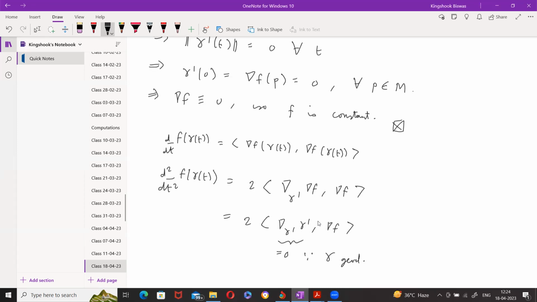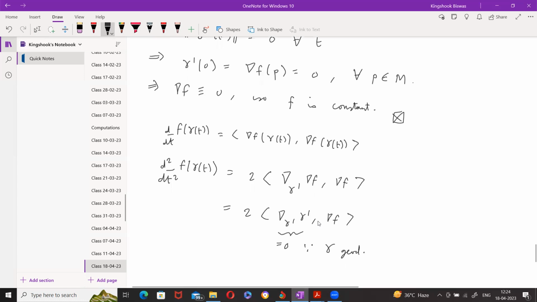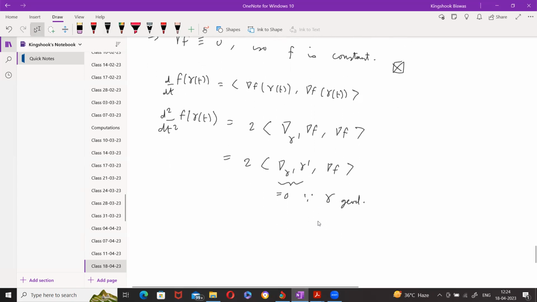Therefore, it's a linear function. So that implies the first derivative should be 0, because otherwise, well, let's just do it. f of gamma t is therefore f of gamma 0 plus t times the first derivative.